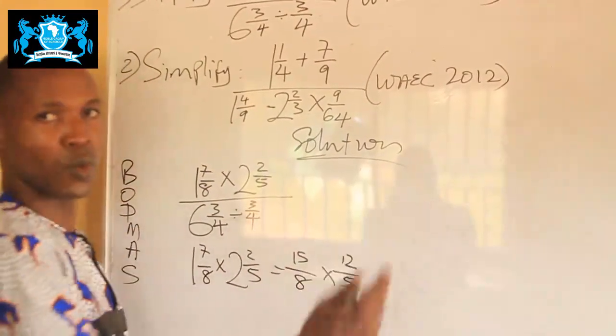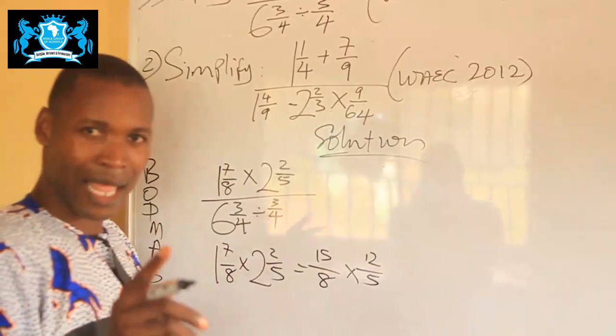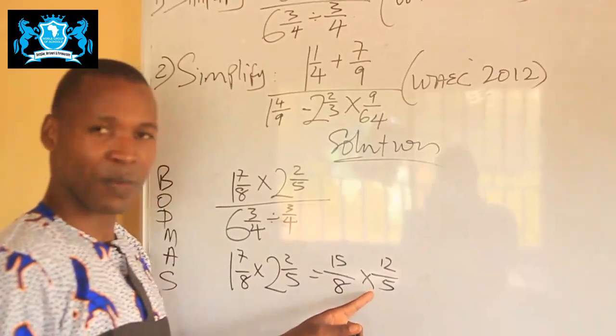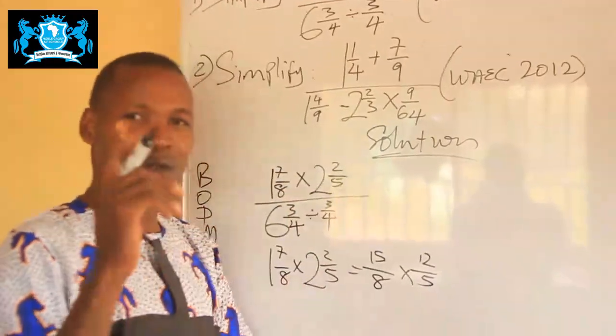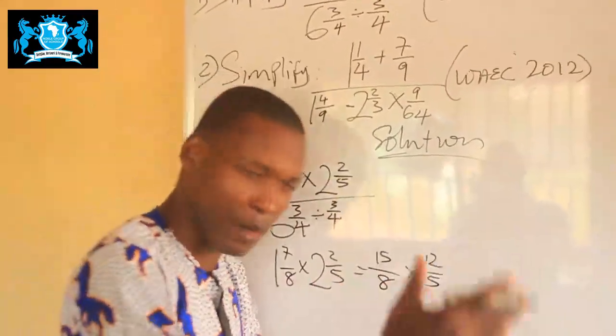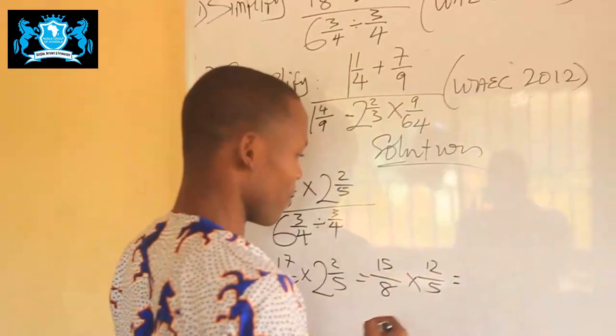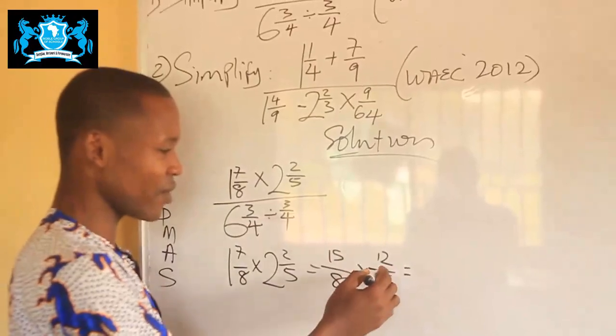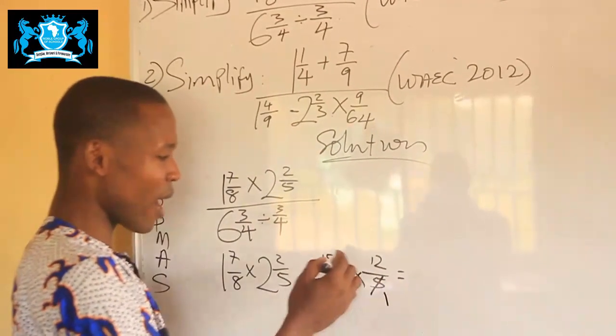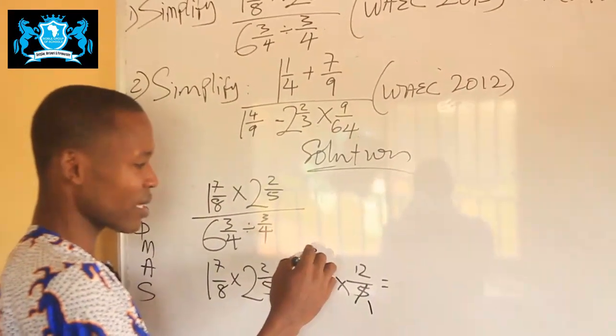What do we do? We multiply out. And like I always say, whenever you have multiplication, you should not find LCM, you just multiply out. But before we multiply out, we can divide. 5 can divide itself and 15. 5 into 5 is 1, 5 into 15 is 3.